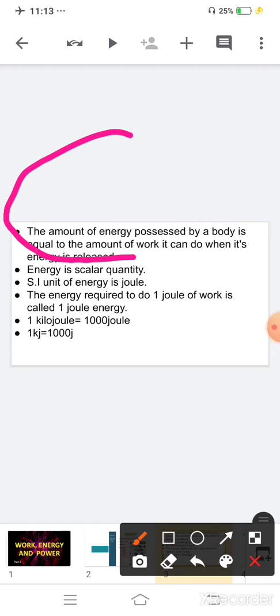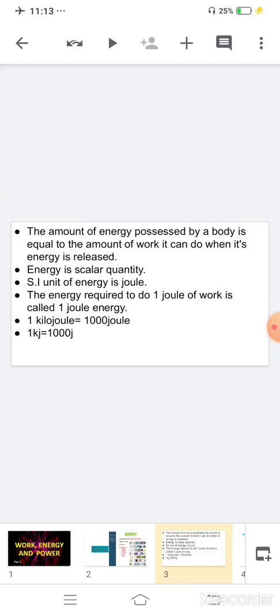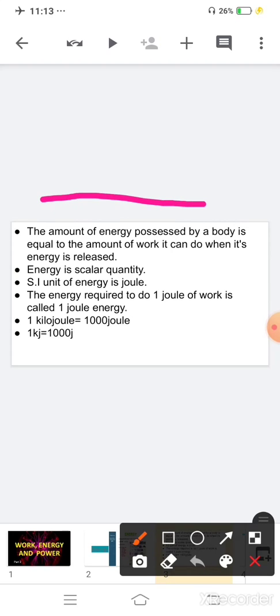What is the definition of energy? The amount of energy possessed by a body is equal to the amount of work it can do when its energy is released.